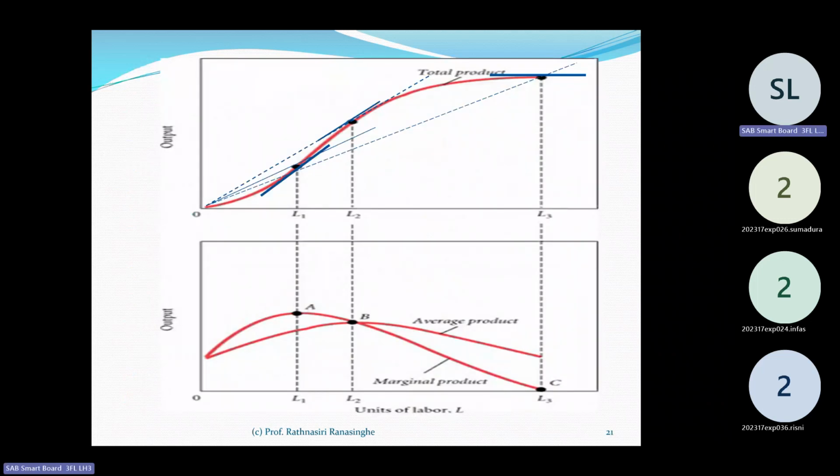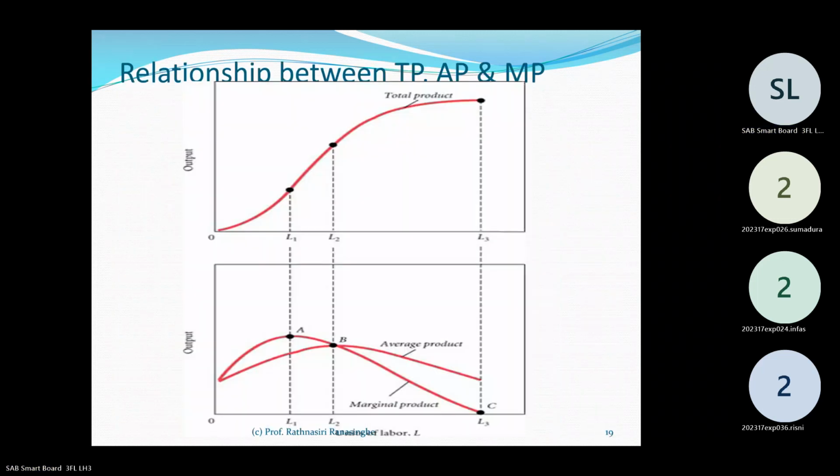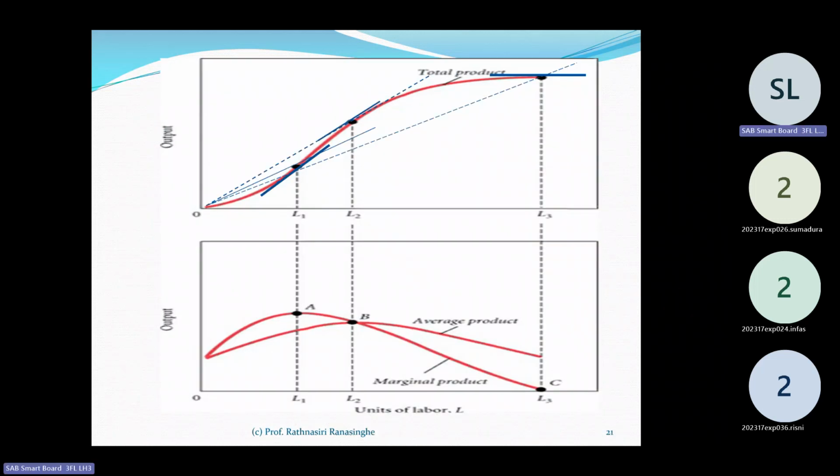Initially, the slope increases and is maximized, then tends to decrease until this point, where the slope becomes zero, and thereafter the slope becomes negative. So initially it increases, then decreases, reaches zero, and becomes negative.